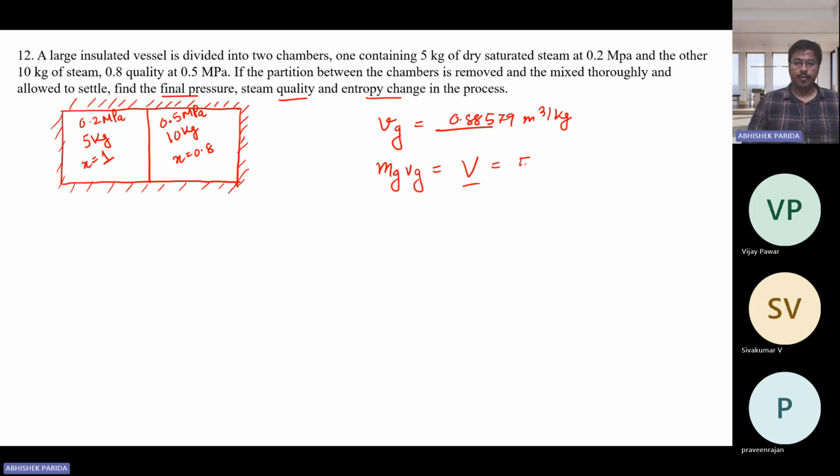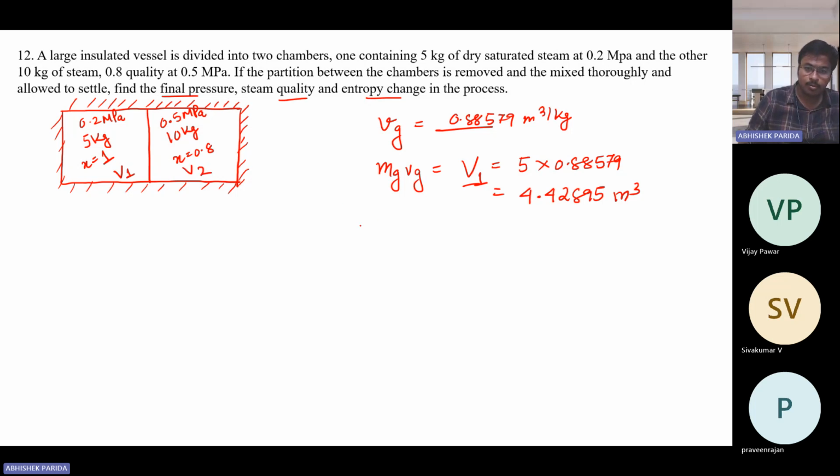So here it is 5 into 0.88, which is 4.42895 meter cube. This is the volume of chamber 1.